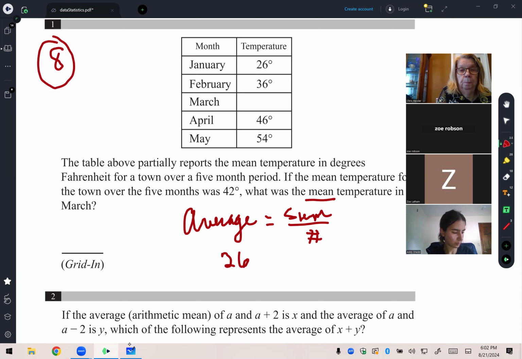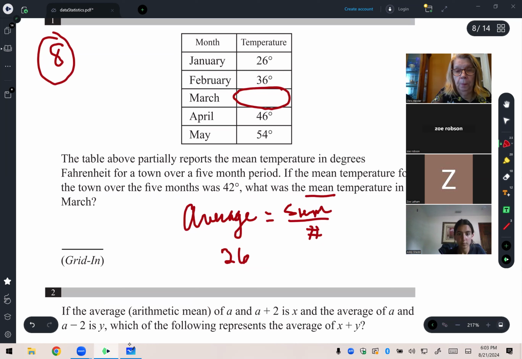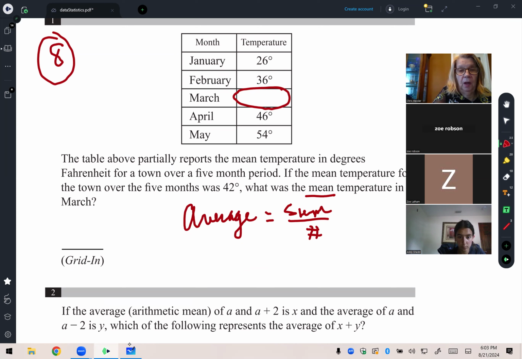And so we're finding the missing number. We have to find out what the temperature is in March. So the average over the 5 months... Wait, I can't read this. I don't want to move the people. Yeah, so the average is that. My problem is they want to know what the mean temperature was in March.